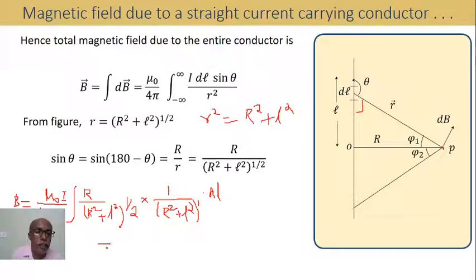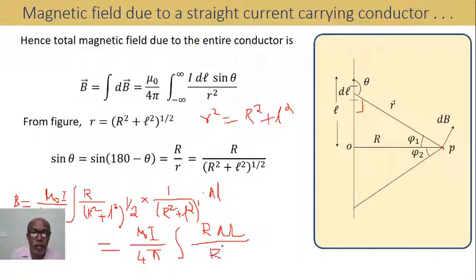This can be rewritten as mu naught I by 4 pi, into integral r dl, whole divided by (r square plus L square) whole power, let us see how much.